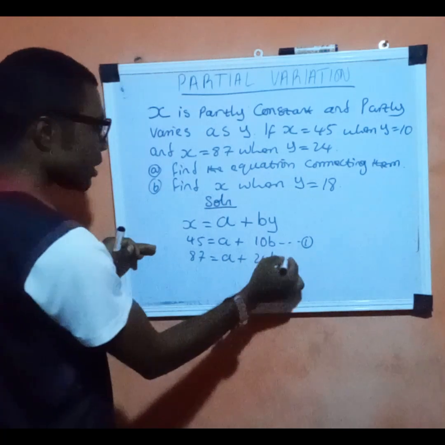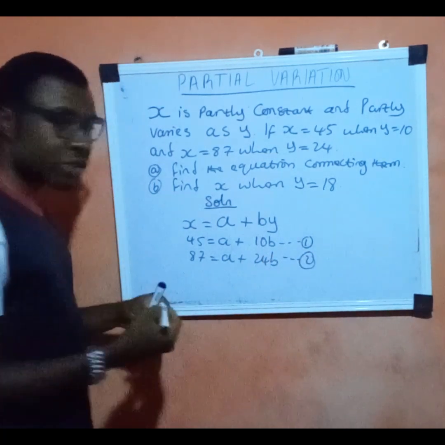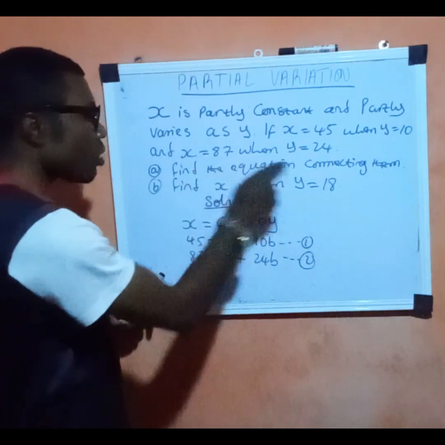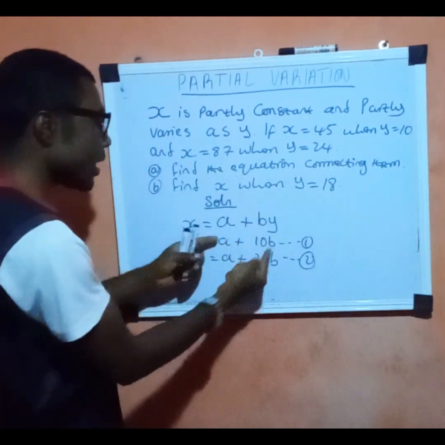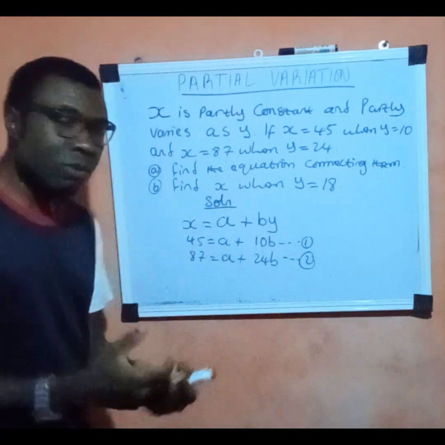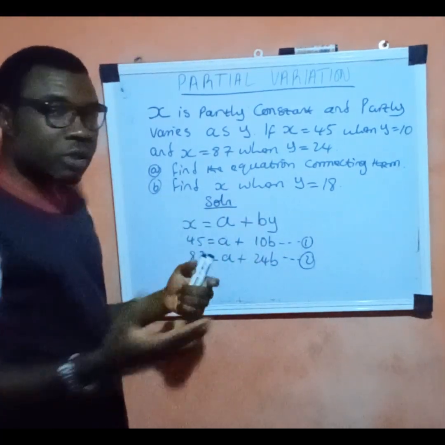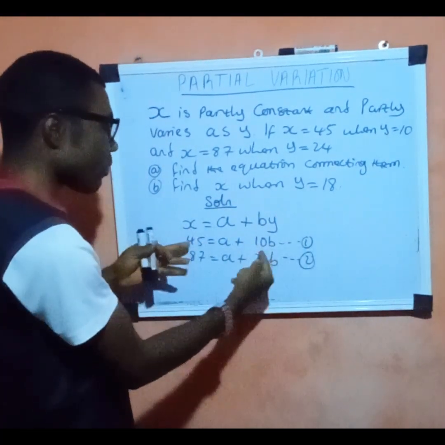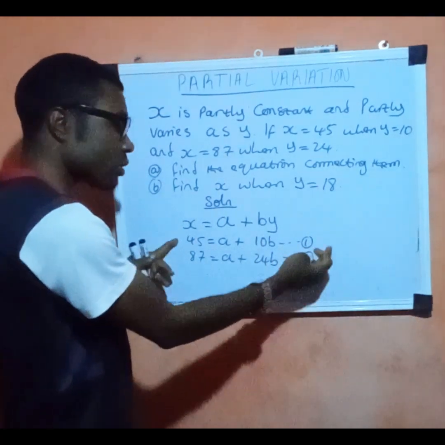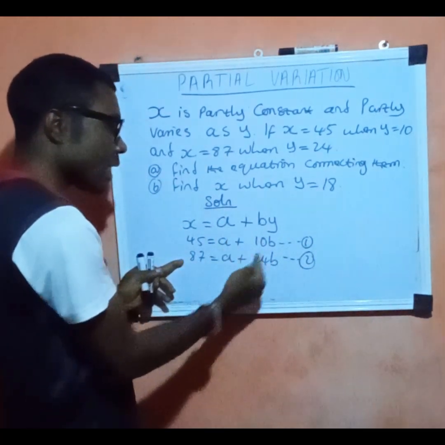So we can see that we have two equations represented here now. So what we are going to do to find the equation connecting them is to find A and B, just like we did in direct and inverse, to find the constant and then substitute in the original equation. But in this case, we cannot find A and B with just one equation. That's why we have two equations to solve simultaneously and get A and B.